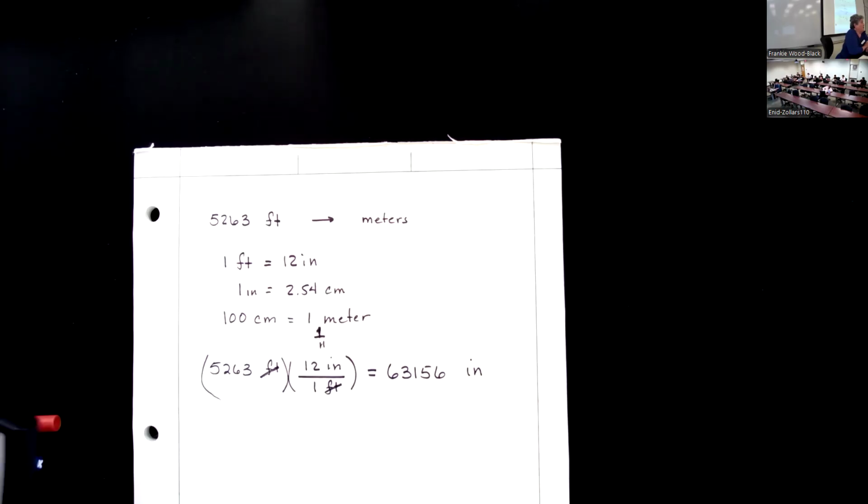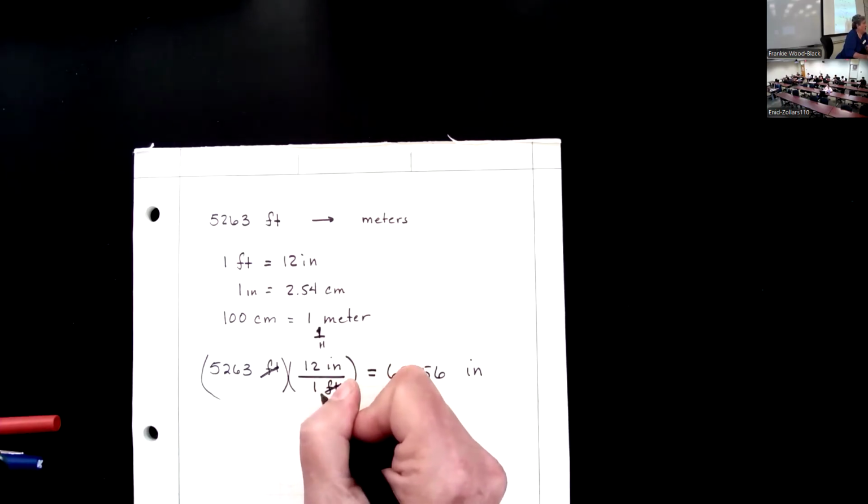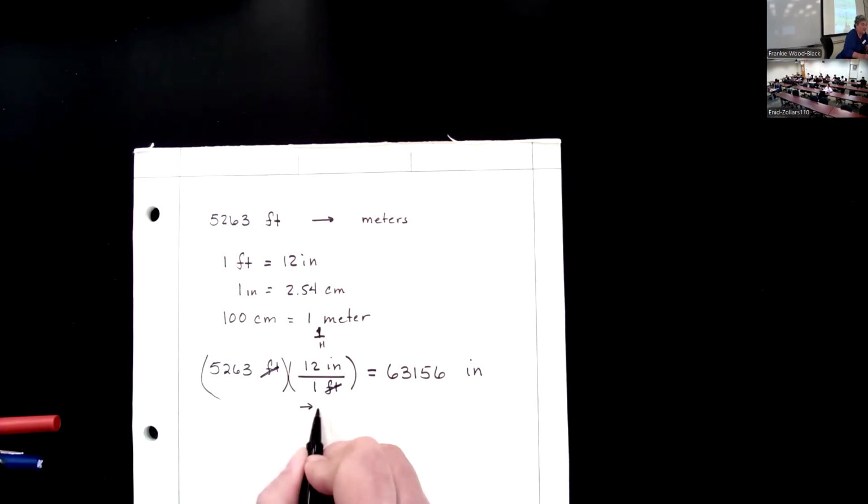Now, if I'm reporting inches, the question is: is this an exact conversion or not? And this one is an exact conversion, so it's considered to have infinite significant figures. Now, if it's not an exact conversion, you're using the significant figures in your conversion table.